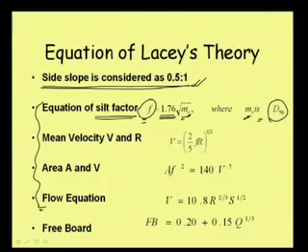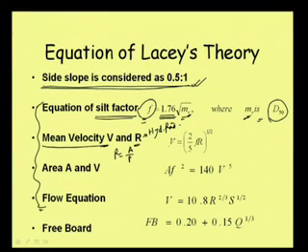Well, then we should calculate the mean velocity, and he gave 4 relationships. One relationship is between the mean velocity V and R. R is nothing but the hydraulic radius, R is equal to A by P. We know that in Manning's formula, or in our uniform flow formula also, we relate the velocity to the hydraulic radius R, and then we take care of the slope.